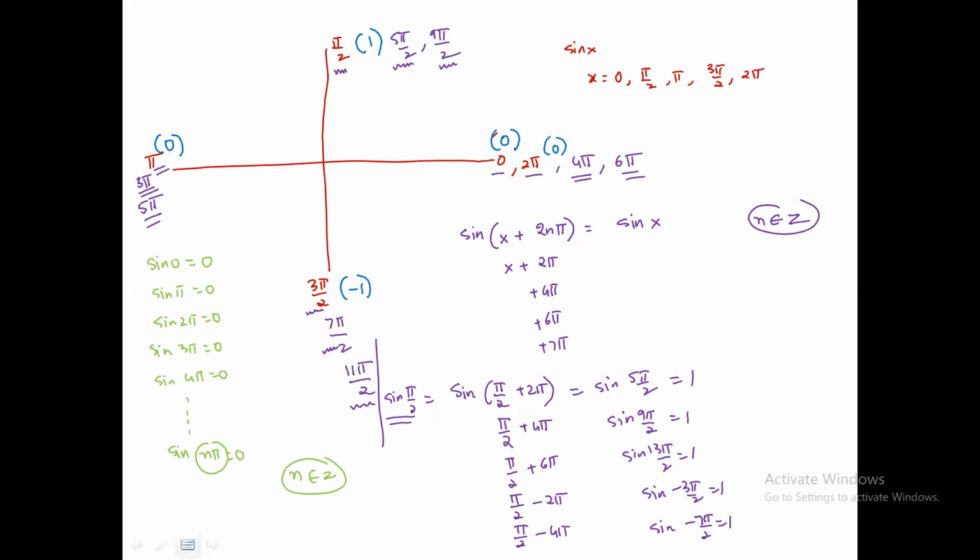Okay, now we will go to cos. For cos also I will draw the diagram. For cos x. This is again 0, pi by 2, pi, 3 pi by 2, 2 pi.